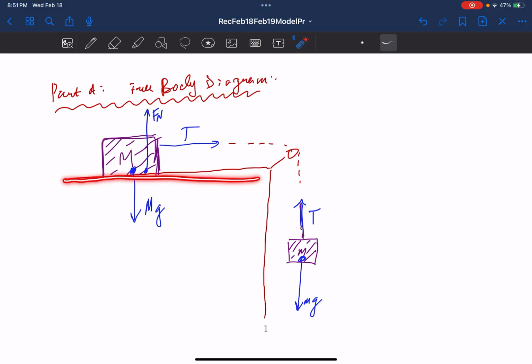So what I've done here is I've just reproduced the setup of this problem, where we have big block M. It's connected by a rope across a pulley to block little m.